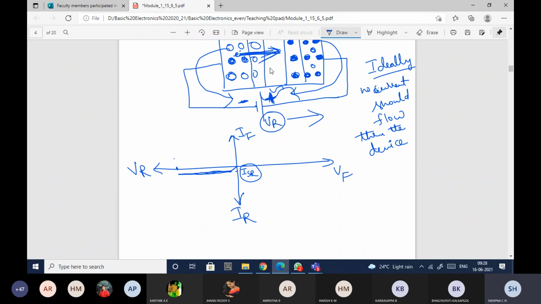So collision will lead to more and more electron generation. Due to that there will be more charge carriers present here, and they will randomly move and collide with other atoms as well, and more and more electron hole pairs will be generated in the PN junction diode. So that is the reason the current will start increasing.